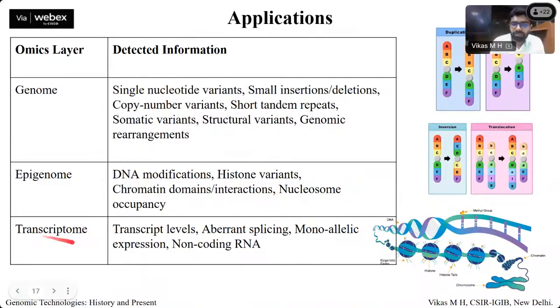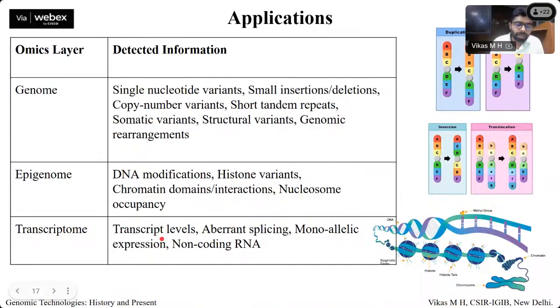And one can also look into the transcriptome, where you can check what kinds of RNAs are being transcribed, and which are further going into making the proteins. Not all of the DNA is transcribed into expression; most of the genes can be dormant, or only a few of them are very active.